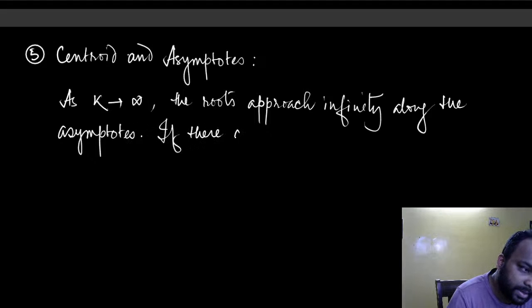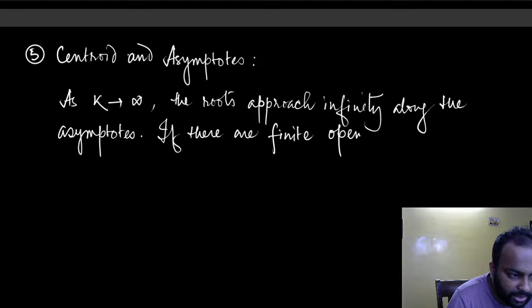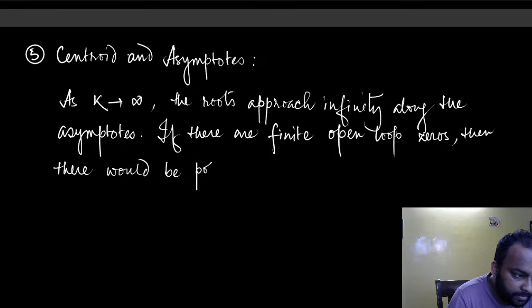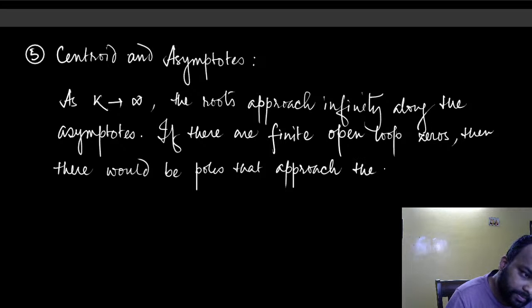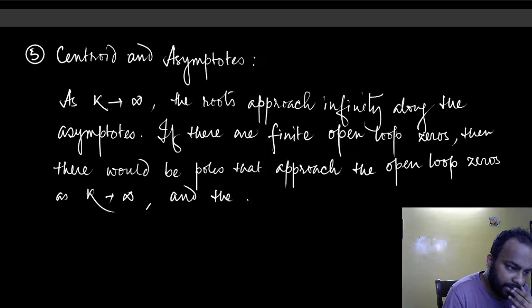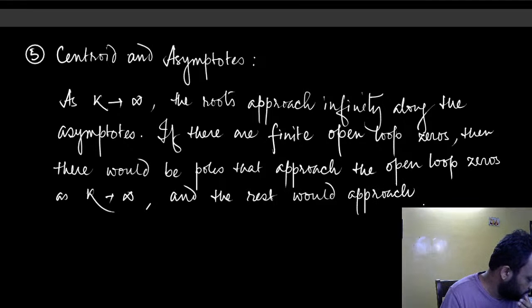If there are finite open loop zeros, then there would be poles that approach the open loop zeros as k tends to infinity, and the rest would approach the asymptotes.